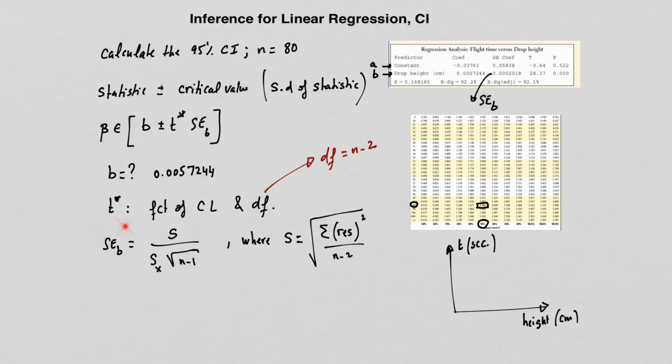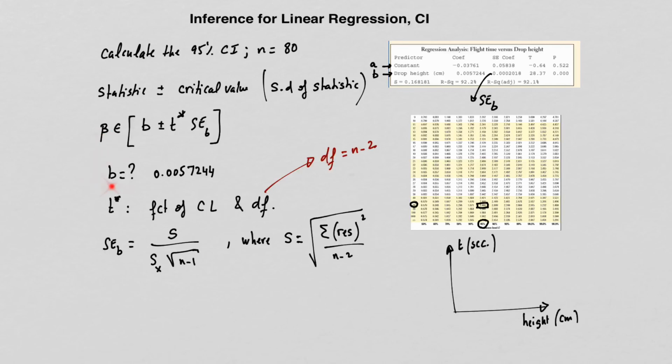The way you interpret this, as we've done before, is if you take many samples, okay, the slope of the sample regression line would typically vary by 0.002018 from the slope of the true regression line for predicting flight time based on the heights of the paper helicopter.